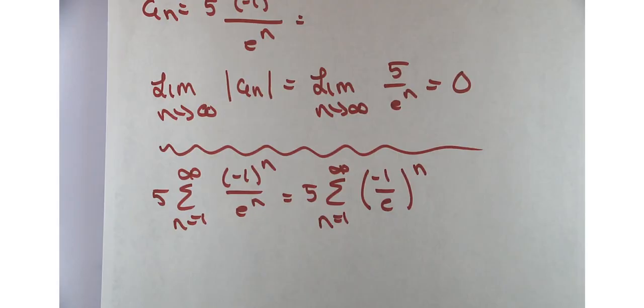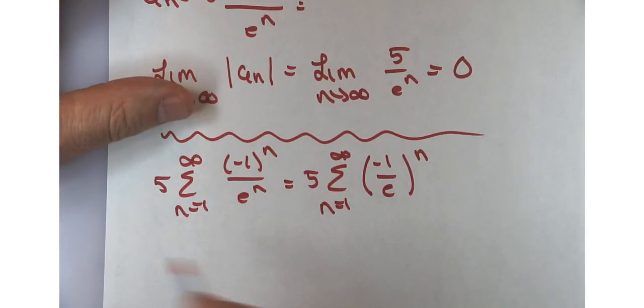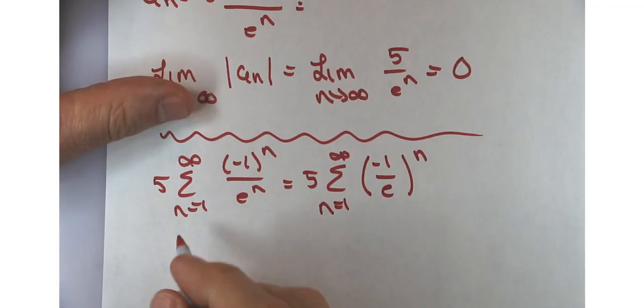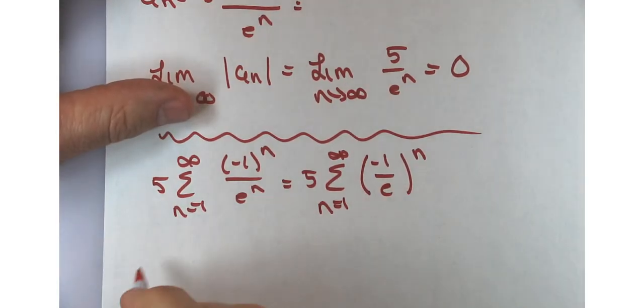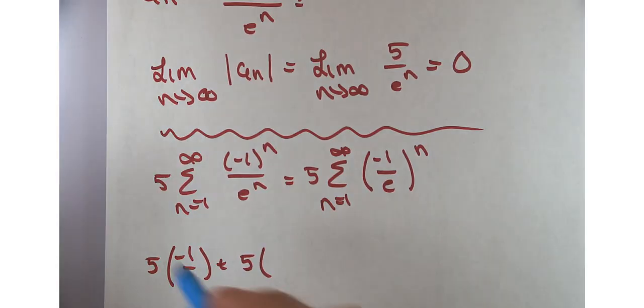Is that looking a little bit more recognizable? Well done, James. Thank you, sir. Yeah, geometric series. So it's going to be 5 times negative 1 over e to the first power plus 5 times, let me just do it this way. I'm going to get tired of writing that 5.